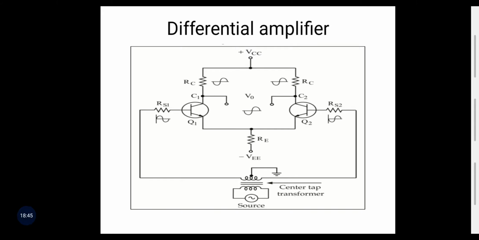If Q1 gets a negative signal, Q2 gets a positive signal. They share a common positive supply VCC. It has two input signals, V1 and V2, and the output signal V0. The output V0 is taken between the collectors of both transistors.